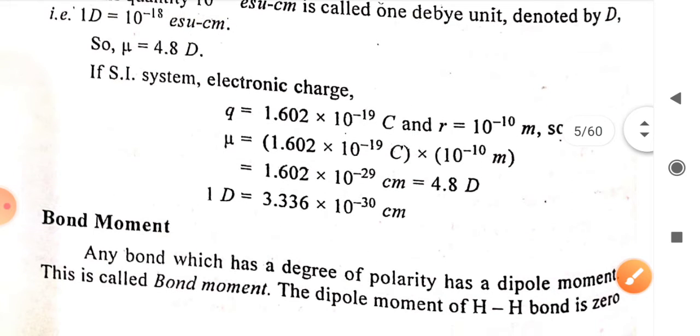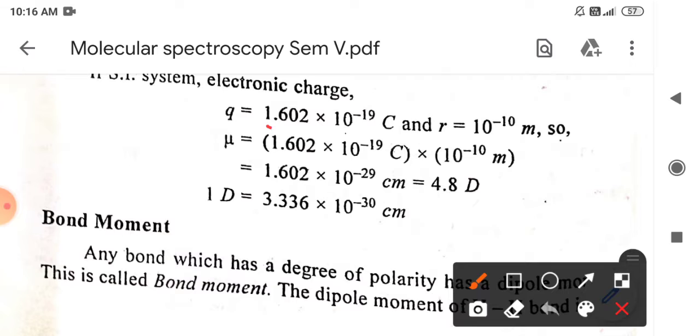Also if we consider SI units, for SI units the charge is well known: 1.6 into 10 raised to minus 19 coulombs, capital C. And R, on the meter scale, is 10 raised to minus 10 meter, because one angstrom unit is 10 raised to minus 10 meter. Now we simply multiply the charge and this distance.